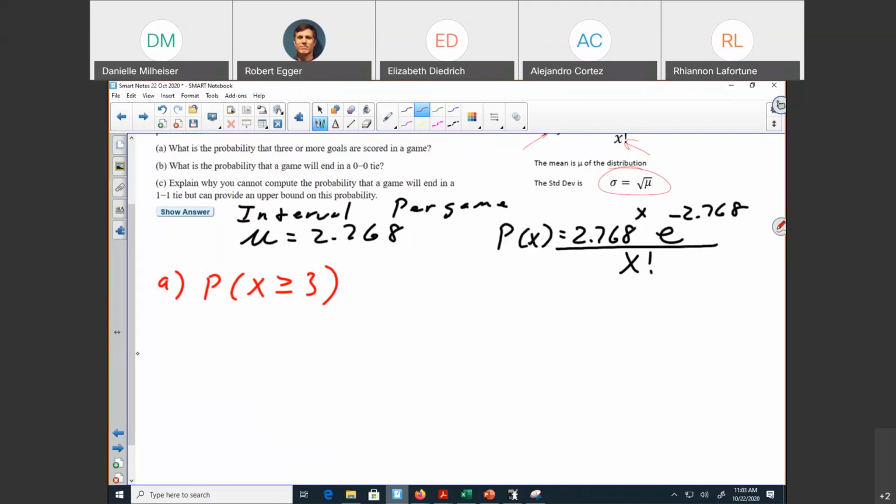Now, eventually this goes to 0 when it gets big enough, but it depends what mu is. So that's going to be hard to do. It's better to do 1 minus the probability of X less than 3. So it's the probability of having 0 goals, 1 goal, 2 goals, and subtracting that from 1. Much, much, much easier calculation.